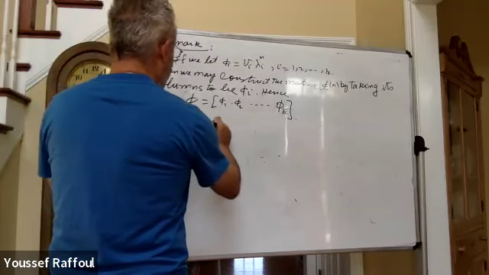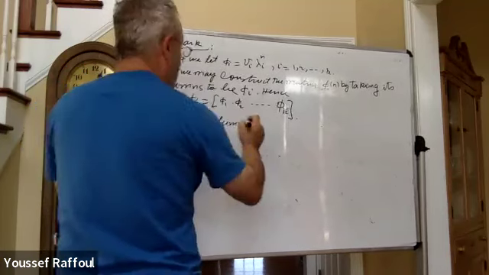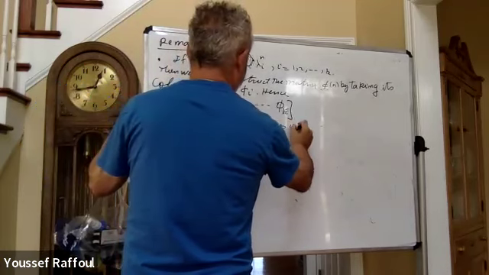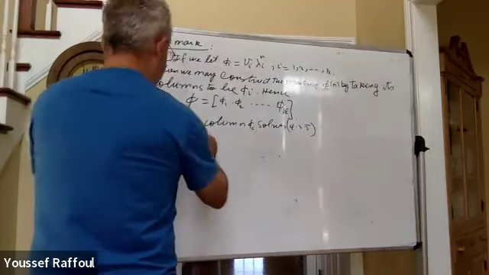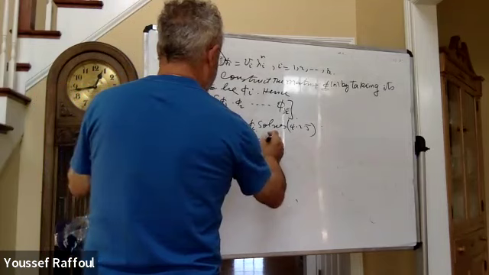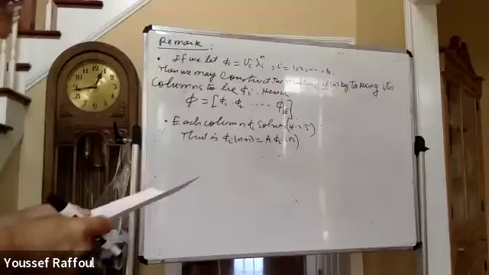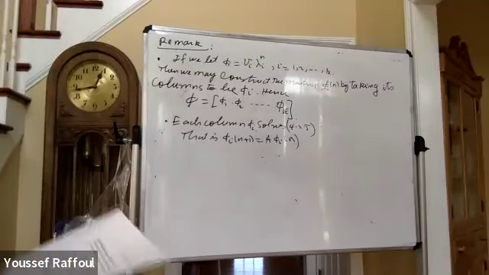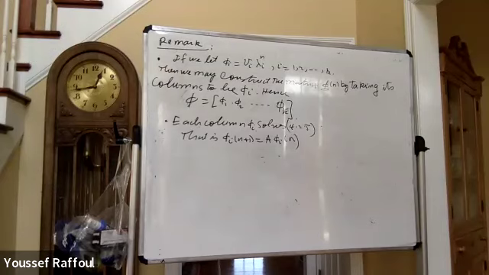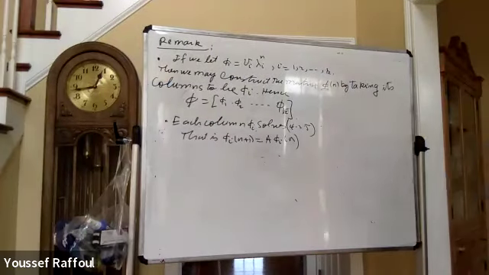Each column phi i solves 4.2.5. That is phi i of n plus 1 equals A phi i of n. Each column.